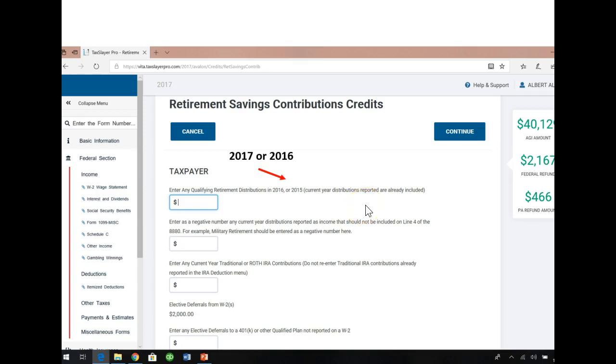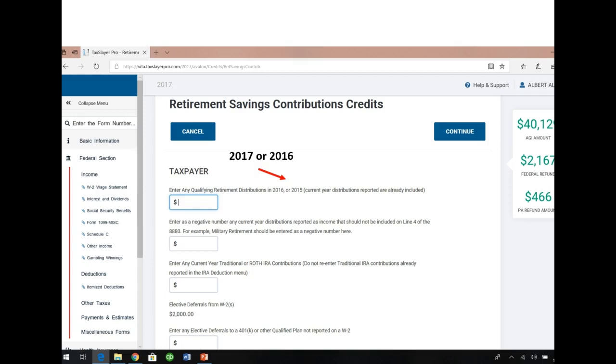The IRS says if you're contributing to a retirement plan and withdrawing at the same time, that's not kosher, and generally you'll lose the retirement savings credit if you're withdrawing and depositing at the same time. Sometimes you find that the taxpayer inadvertently, they didn't do that deliberately, but maybe they got laid off from one job.